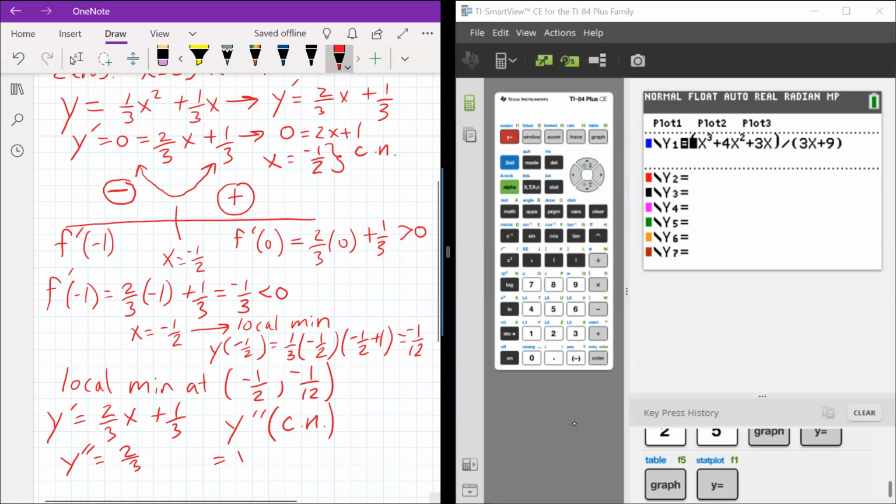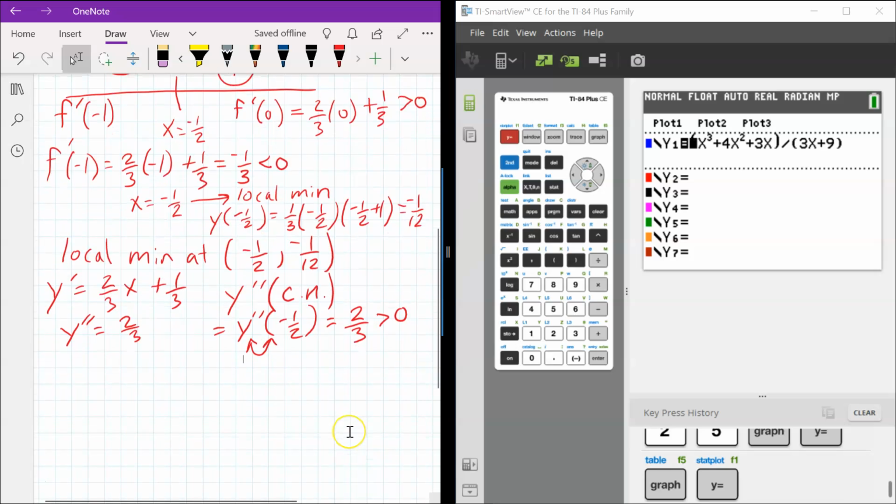So this is going to be y double prime at -1/2, which is, well, y double prime is just 2/3. It doesn't really care what the input is, and that's always positive. So the second derivative is positive at the critical number, and so that means it's concave up. And if it's concave up, that means the critical number resulted in a local minimum. So right there would be the local minimum.